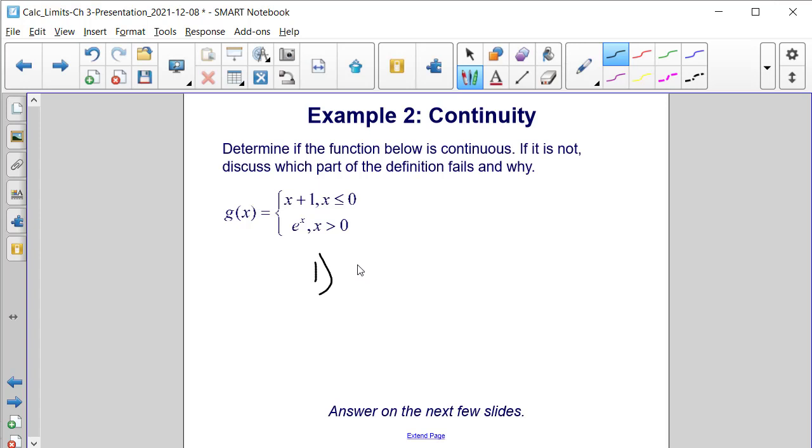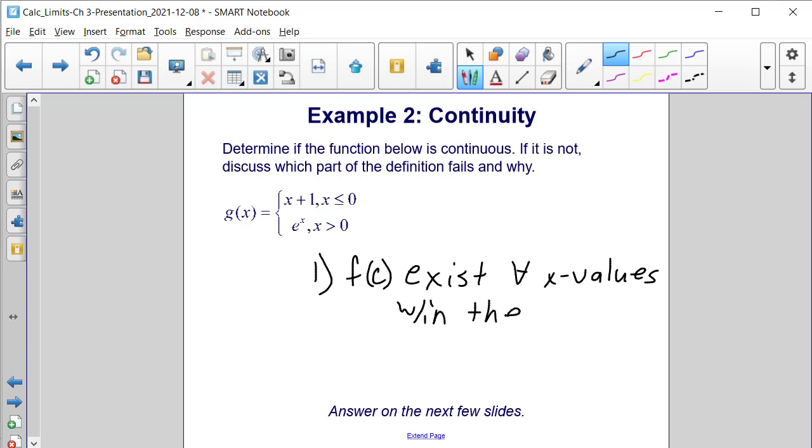First, we have to determine, does f of c exist for all x values within the domain.